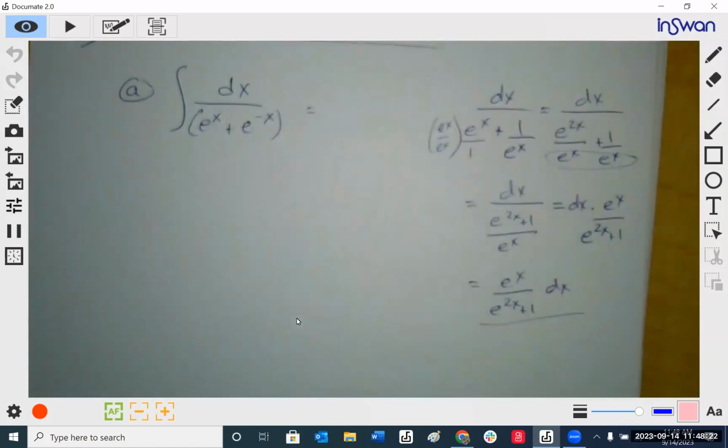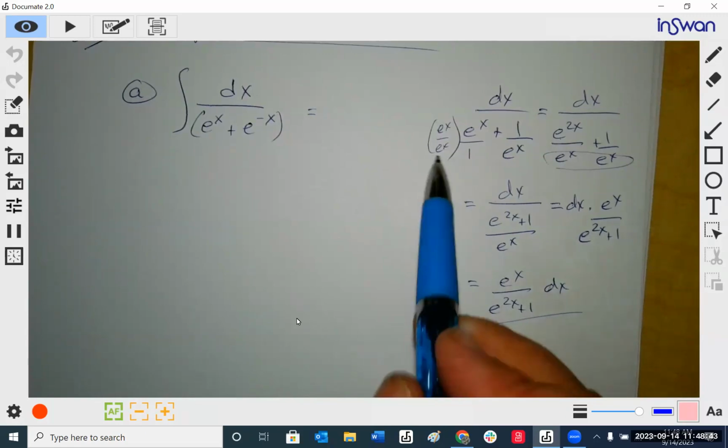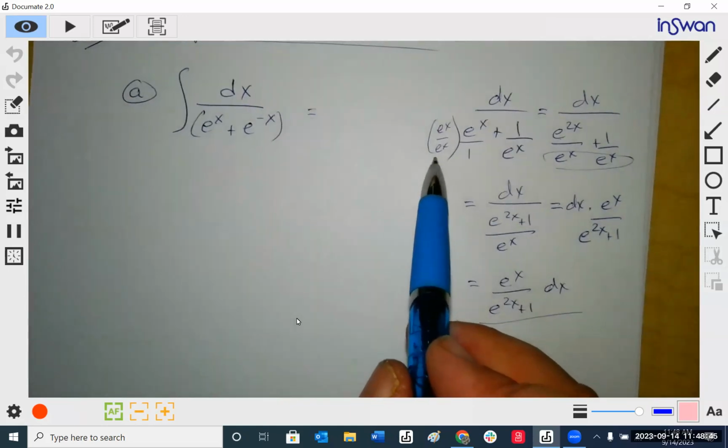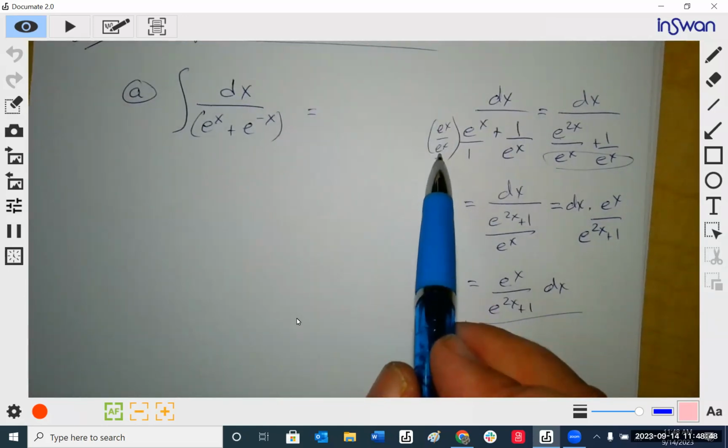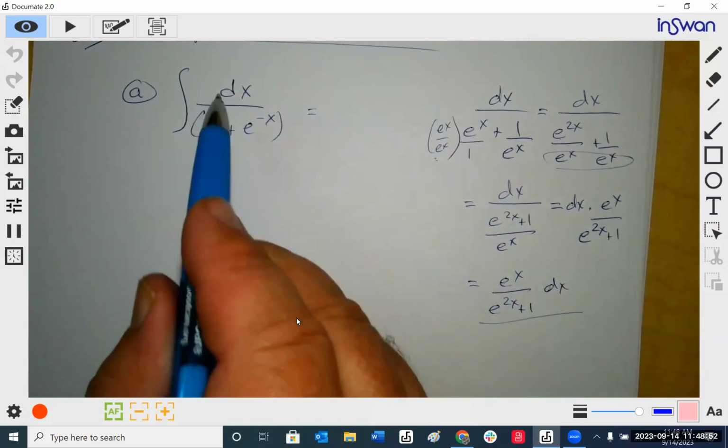And that's what we want to get to, right? Because what we did here, the only mechanical thing we had to do is multiply by e^x over e^x, multiply by 1. We could have done the same thing here.